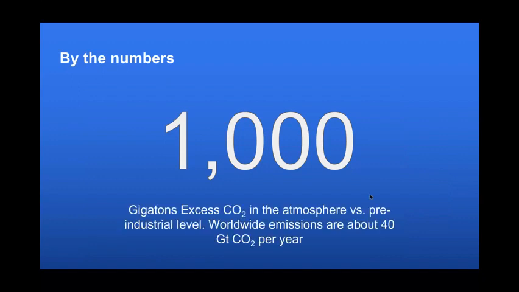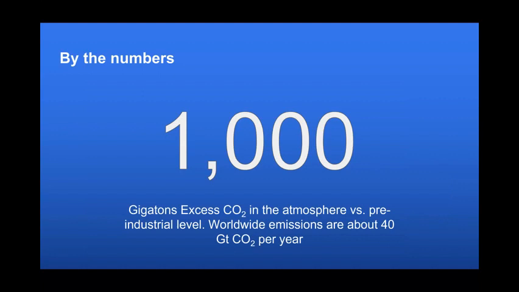So the first number I'd like to cover is 1,000, and it's 1,000 gigatons of excess carbon dioxide that mankind has put into the atmosphere since the pre-industrial era. So before the industrial age, there was a certain amount of carbon dioxide in the atmosphere, and we have increased that by 1,000 gigatons, basically by the burning of fossil fuels.